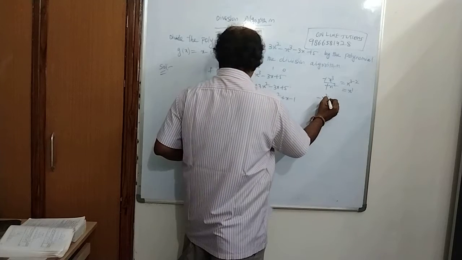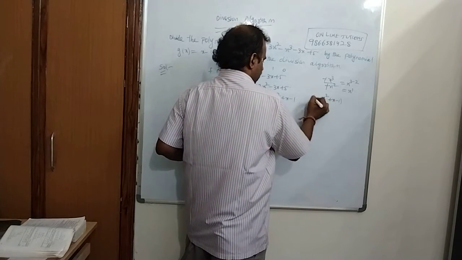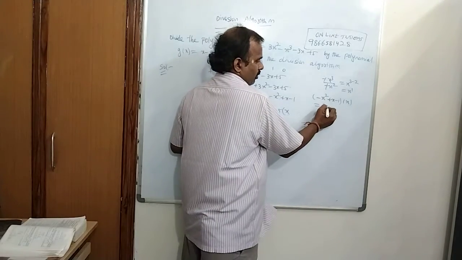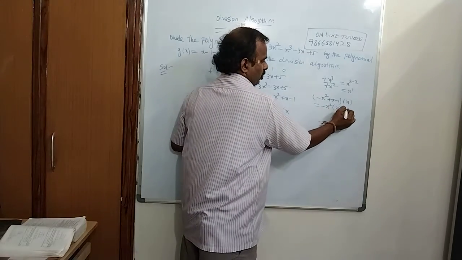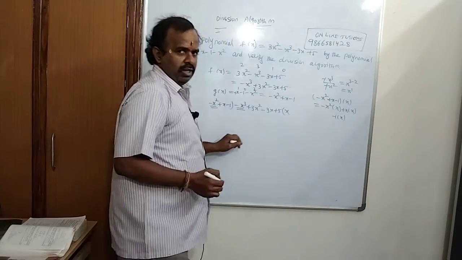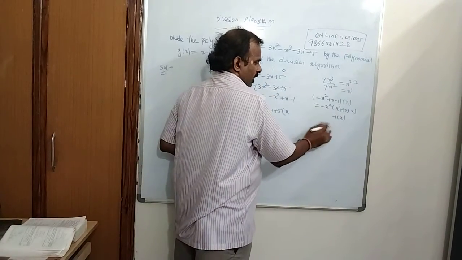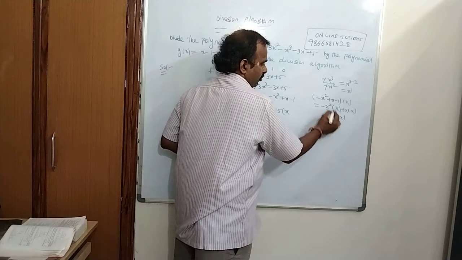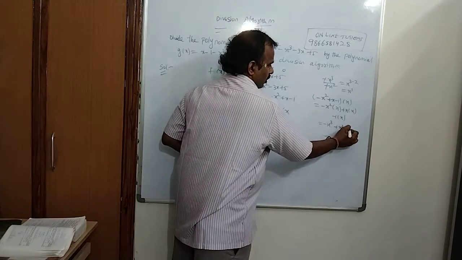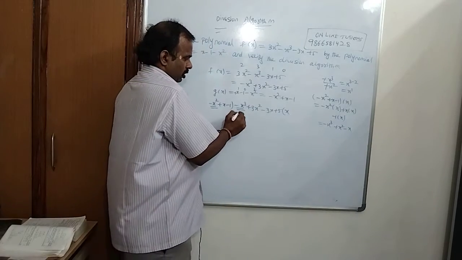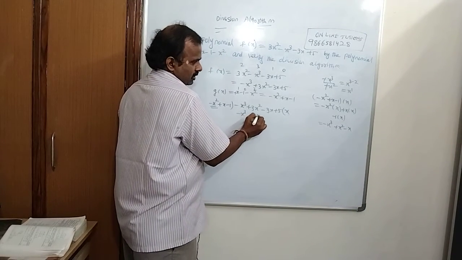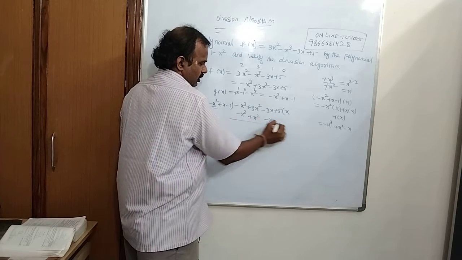That is minus x square plus x minus 1, into x. So minus x square into x plus x into x minus 1 into x. So minus x cube plus x square minus x.